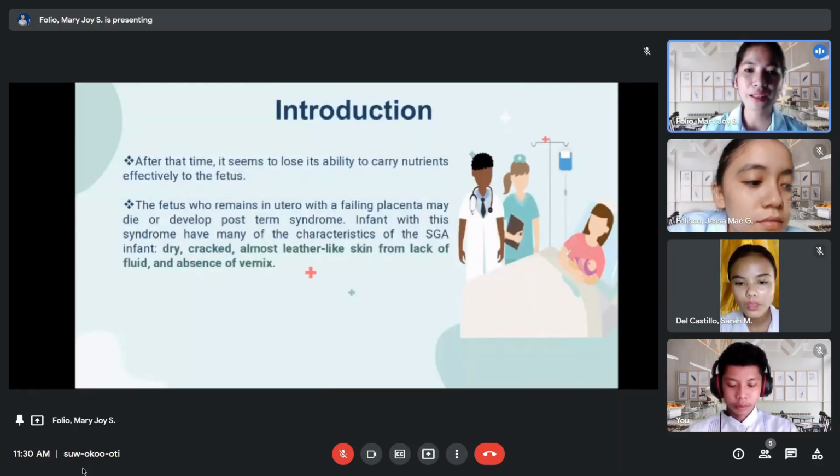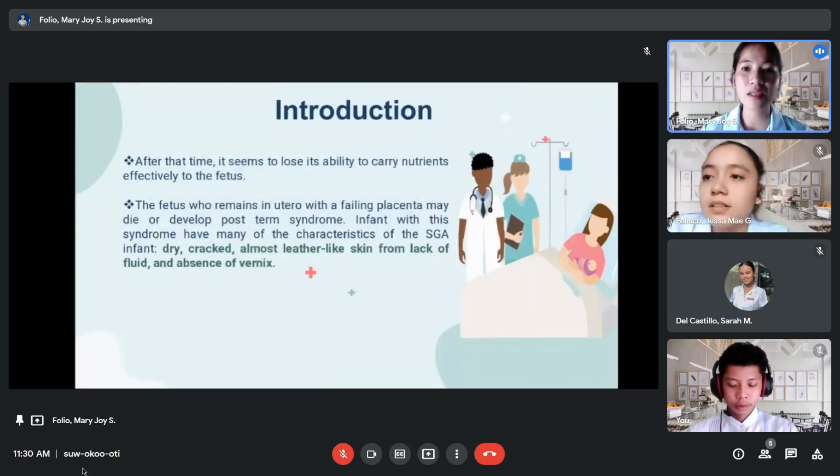So after that time, it seems to lose its ability to carry nutrients effectively to the fetus, as I mentioned earlier. And the fetus who remains in utero with a failing placenta may die or develop post-term syndrome, as I mentioned earlier. So an infant with this syndrome may have many of the characteristics, just like in a small gestational age infant, for example.